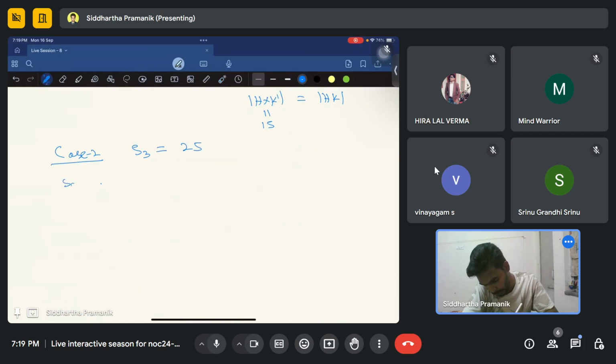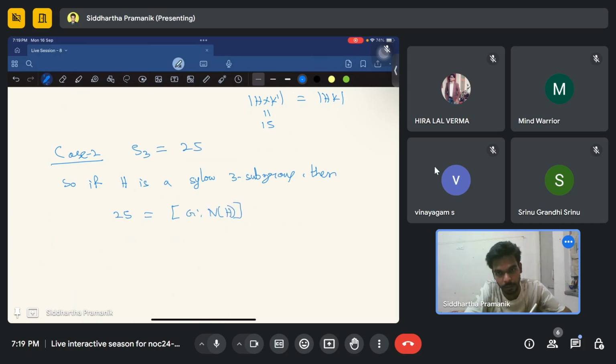So if H is a Sylow 3 subgroup, then 25 is basically this index, right?